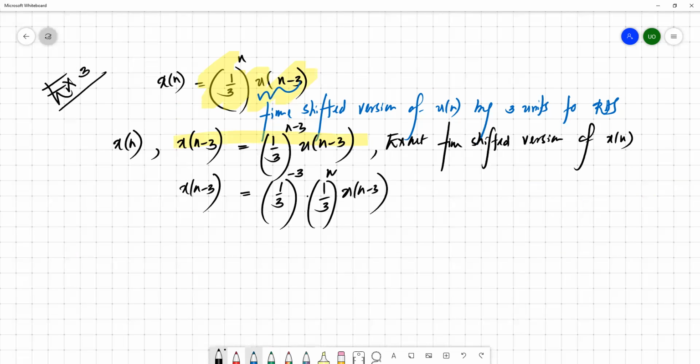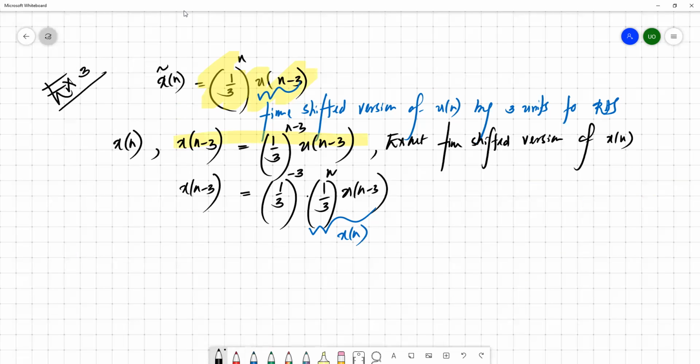By looking at this, you can simply claim that this is actually x[n], and you need to evaluate its Fourier transform. Sorry, we'll put a tilde.